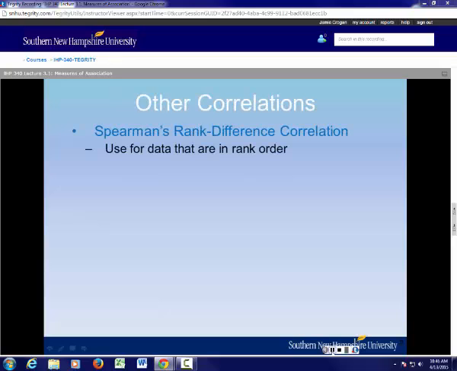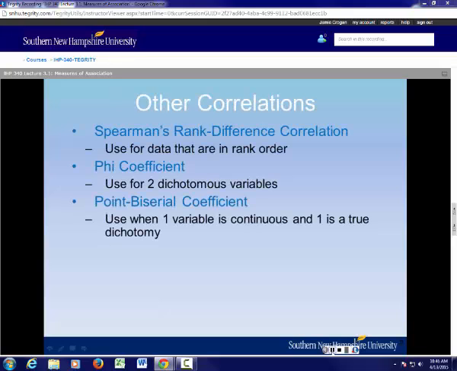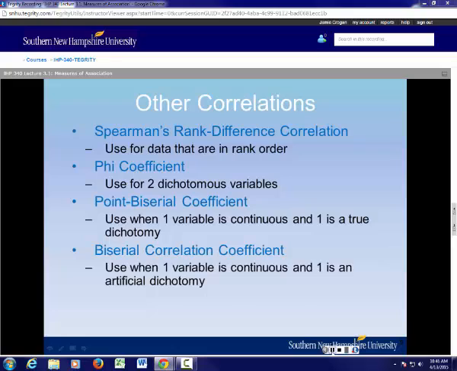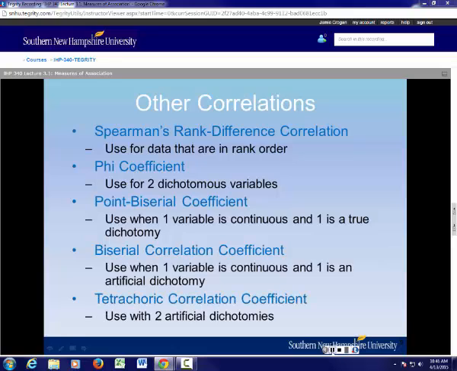So when you have these other scales of measurement, there are a bunch of different other kinds of correlations that you can run when you have different kinds of data. The one that I already showed you, the big fancy equation, the Pearson product moment correlation, is used for interval and ratio data. And these that you see on your screen are for different kinds of data.